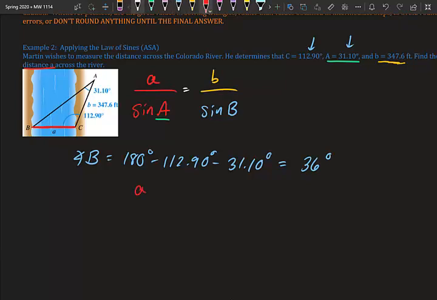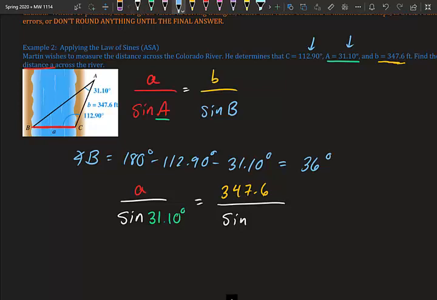We have A over sine A. Sine A is 31.10. And that equals side B, which we do have. It's 347.6 feet, over sine B, which is 36 degrees. We cross multiply.